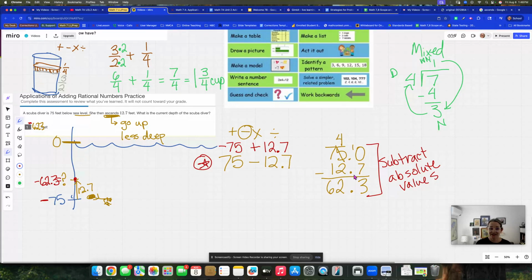And then making it the negative was because the negative 75 had a greater absolute value. So that's why we take its sign. And that's how we add numbers with different signs. We subtract the absolute values, take the sign of the number with the greater absolute value. Pretend they're both positive, then the bigger number wins. But anyway, word problem strategy, draw a picture.